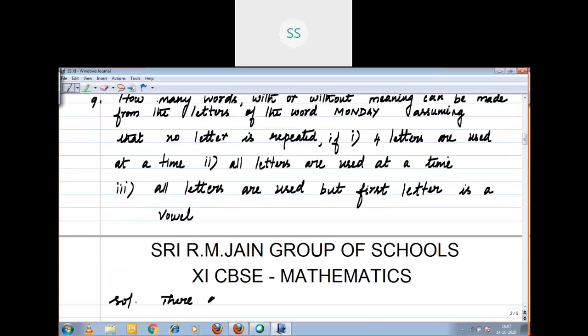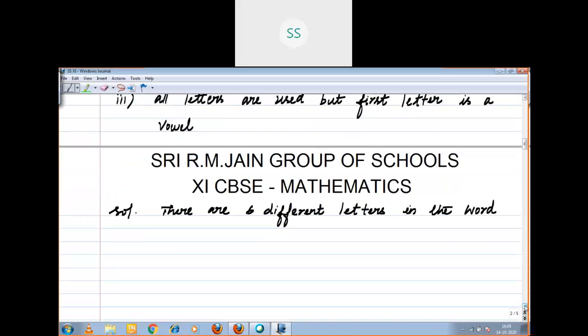Now you see solution. There are 6 different letters in the word MONDAY. First subdivision, they said you have to take 4 at a time.